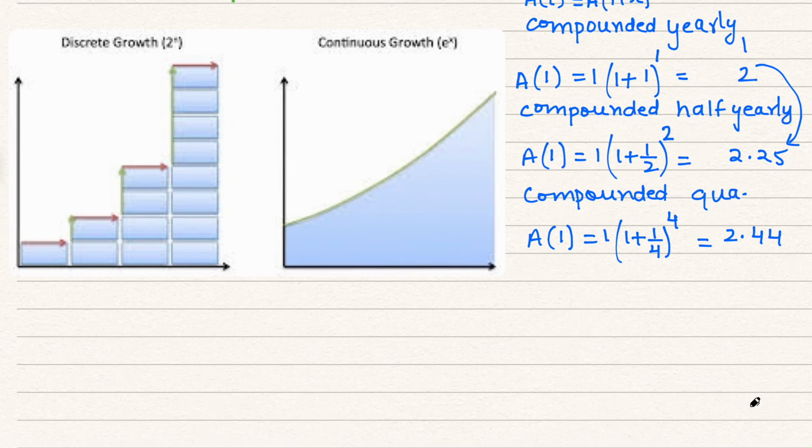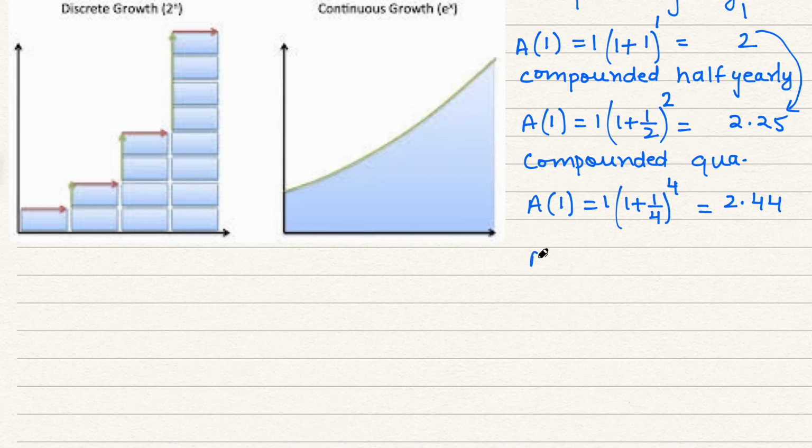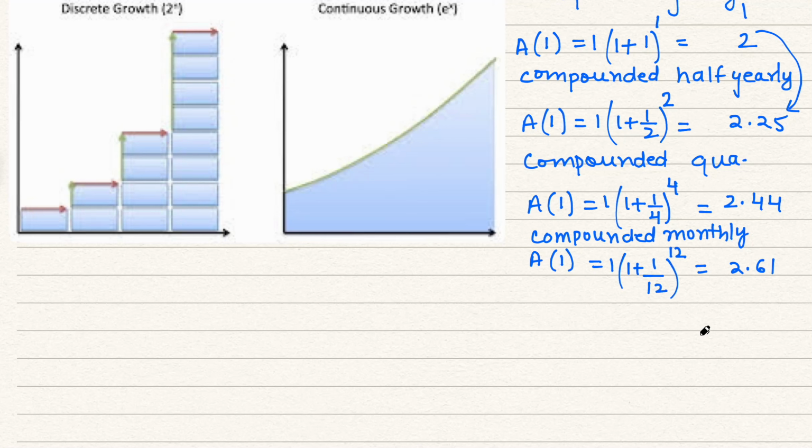Now what if you get it every month? That means compounded monthly. Compounded monthly means every month, whatever the interest is, that will be deposited into your account. Because you are getting interest 12 times in a year, the rate of interest will be 1/12, and the number of times will be 12. Now if you calculate this, this is $2.61.